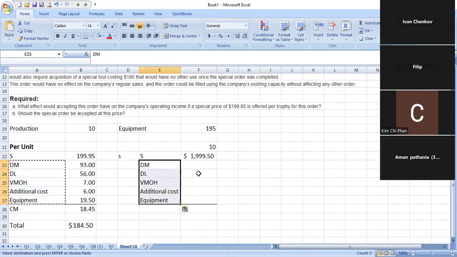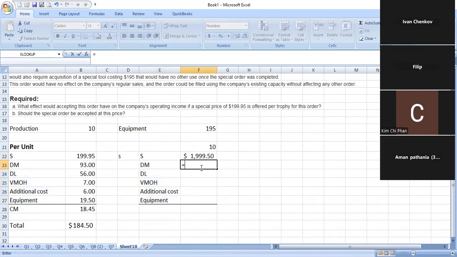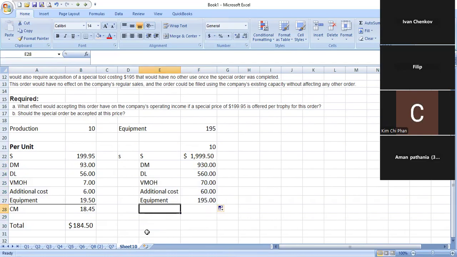And then my direct material is going to be this one times that one. I'm going to lock this one now. And that will be my total cost here. And that's how I can avoid that special equipment. So the contribution margin that I'm going to get, or the increase in the operating income, is going to be pretty much the same. Actually, exactly the same. Right?